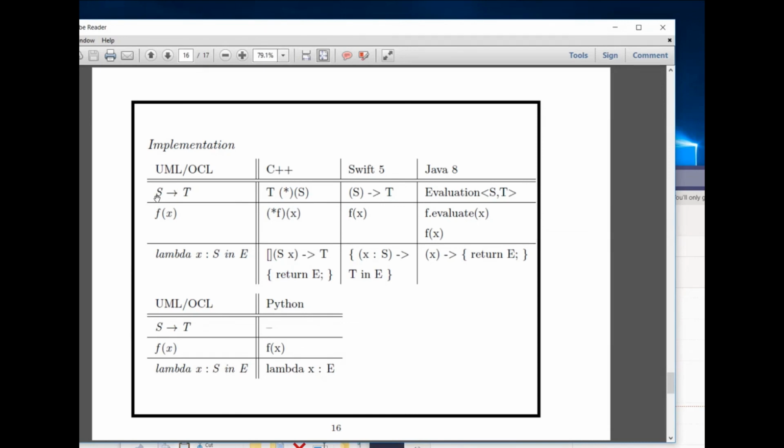But my overall view is that these are extensions which are very useful, and it's essentially a situation that OCL needs to be updated in line with the general progress in programming languages. So 20 years ago, when OCL was initiated, function types were not a normal feature of the mainstream programming languages, but now they are.